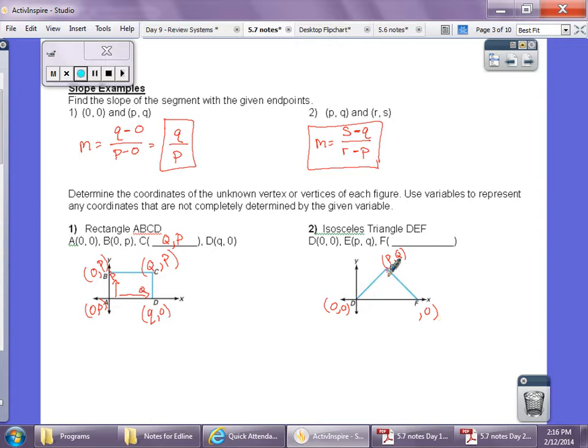Since it's an isosceles triangle, this went over p units, so it's going to go over p units again. Since it went over p units and then went over p units again, the value of F is going to give us 2p. So the value of F is (2p, 0).